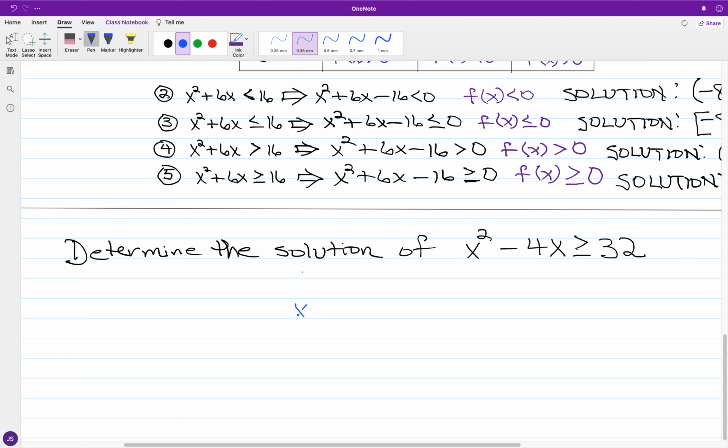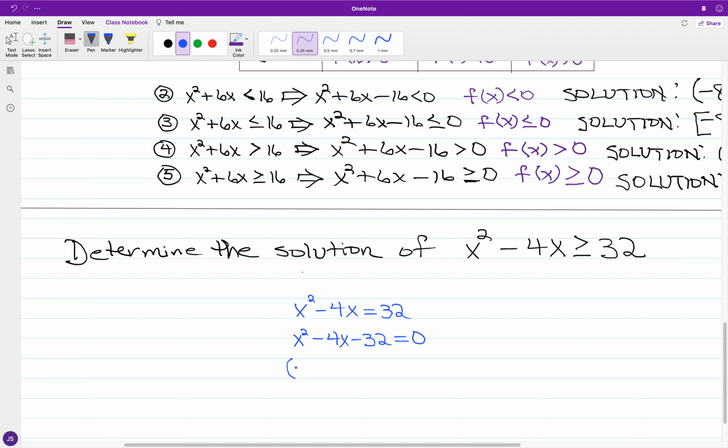Okay, so if I have x squared minus 4x is equal to 32, and I rewrite this in standard form, I'm going to have x squared minus 4x minus 32 is equal to 0.